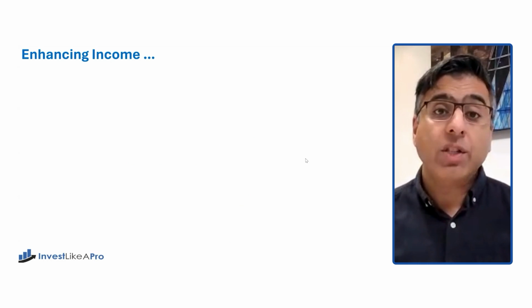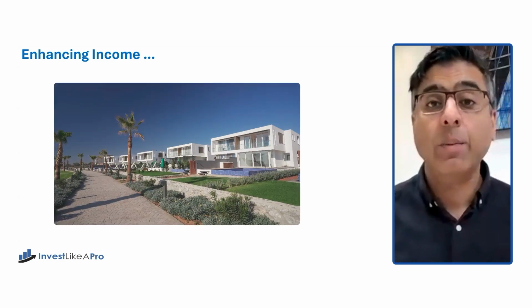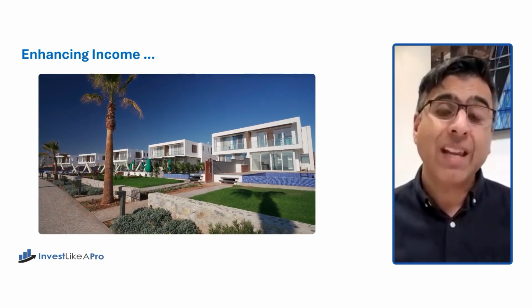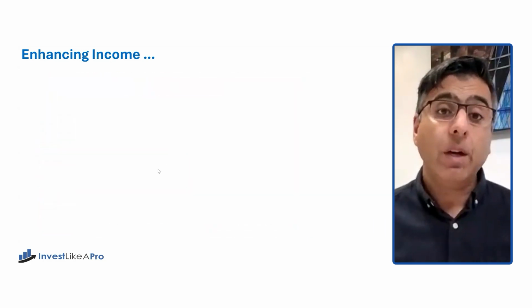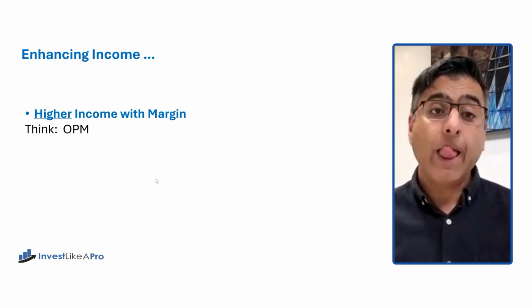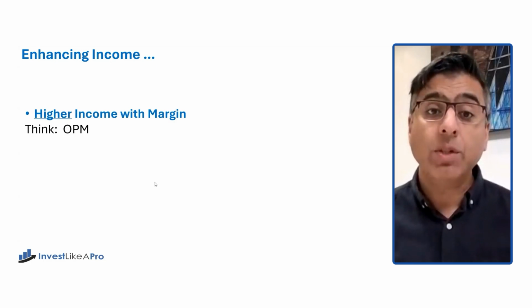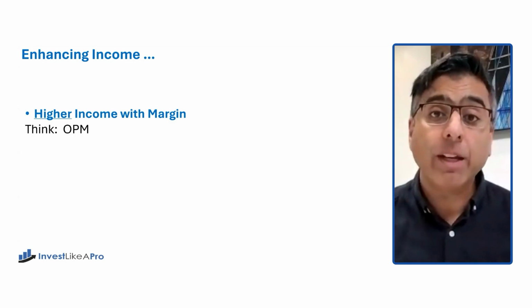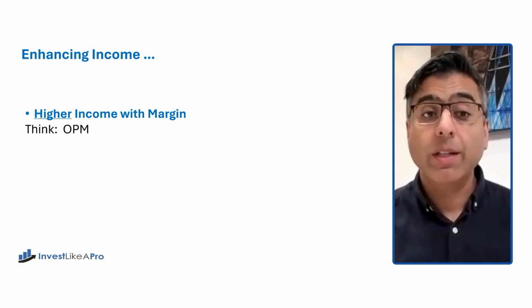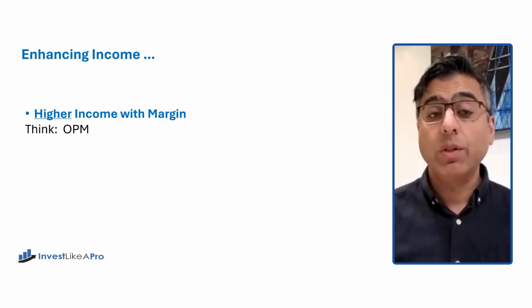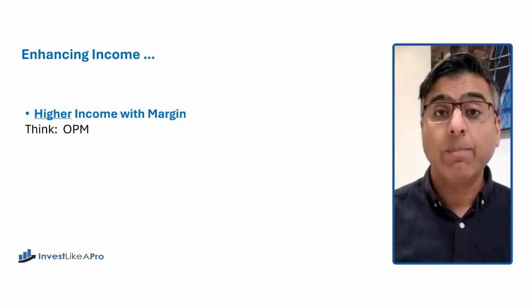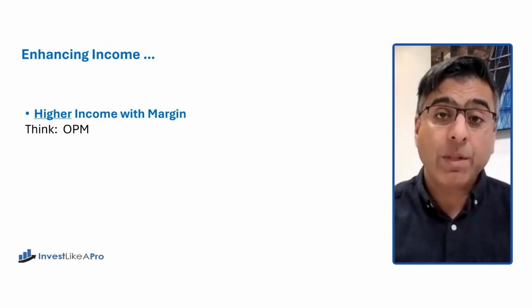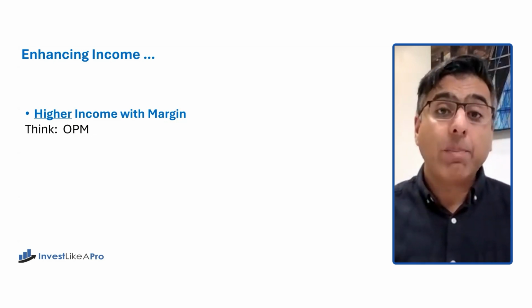There are so many opportunities to enhance your income. Think about it in terms of properties. When you buy a property, think about all the ways in which you can optimize and enhance your income. Options work in the same way. So you can get much higher income using margin. Think about the property analogies, other people's money, getting a mortgage, right? Margin enables you to create higher income by borrowing moderately using capital that has been provided to you by the platform.